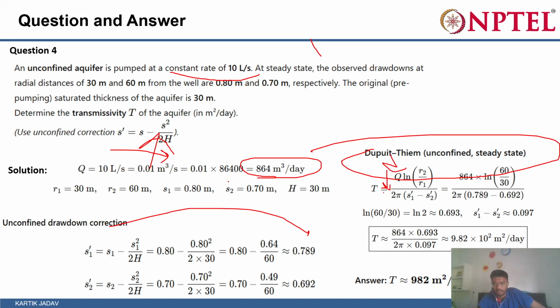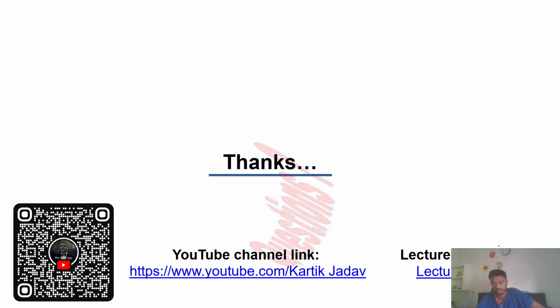Now let's put all the givens here and identify the value of T. So T we have 9.82 divided by 2 meters per day. So the correct answer for this question is this.